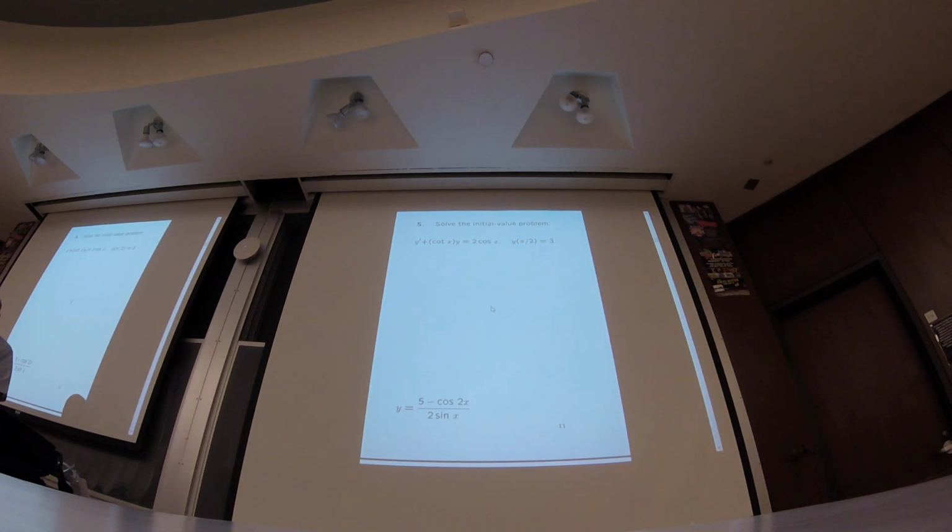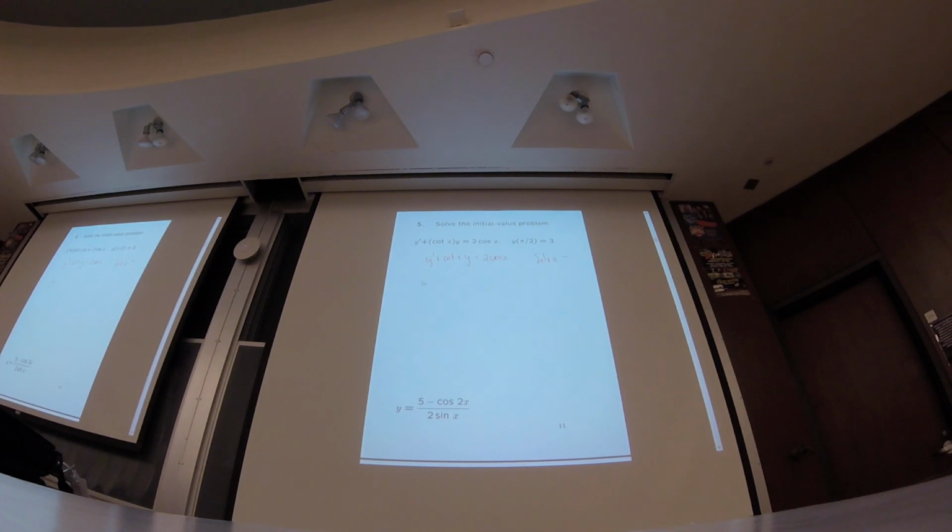How do you solve initial value problems? Step 1, find the general solution of the differential equation. So we look at y prime plus cotangent x times y equals 2 cosine x. We want to solve this. That is finding the general solution.